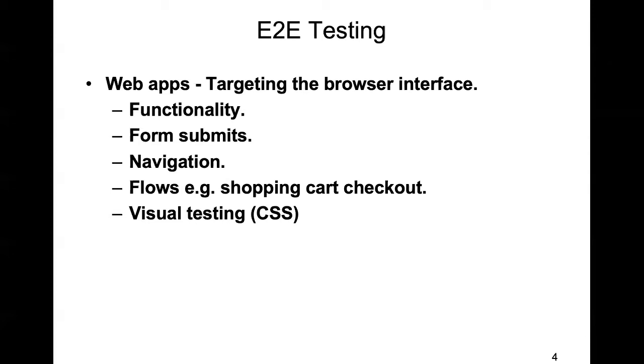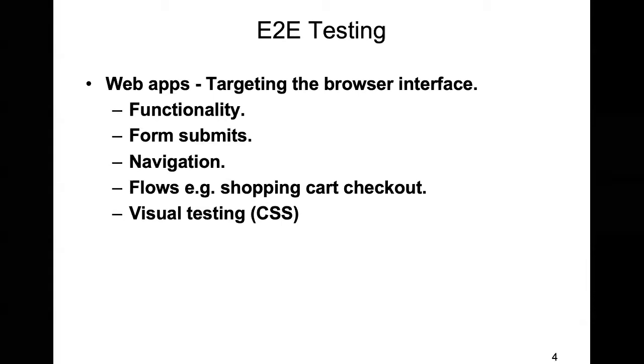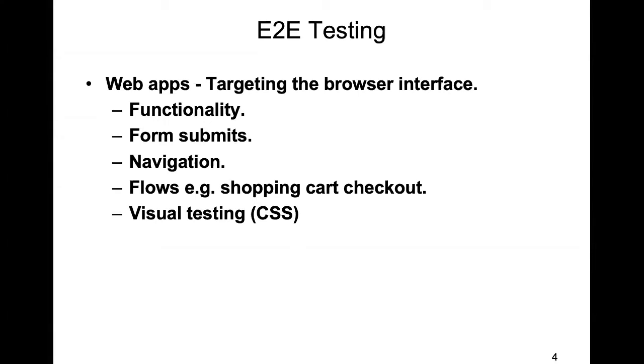Because let's say you've defined a CSS class in your CSS code, and somebody comes along and makes a change to that CSS class. That's obviously going to impact on the visual side of your UI. It won't impact on the functionality, but it will impact on the visual side, and ideally you would like your tests to show up the fact that something has changed in the UI. But that's just there as a side issue.